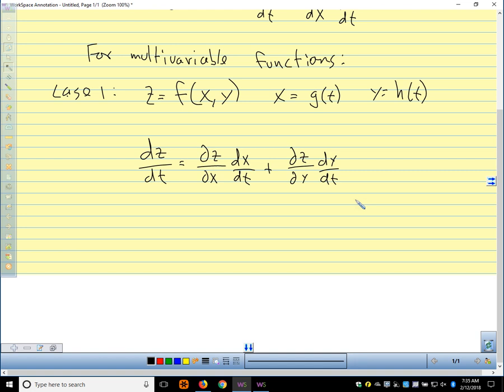So that's how we're going to take the derivative if x and y are some functions of another variable. Well, we can also have x and y functions of more than one variable. Oh boy. So that's going to be our case 2. So case 1, x and y are just a function of a single variable.